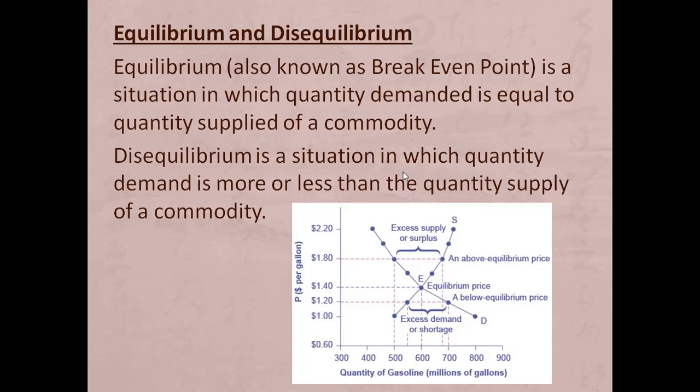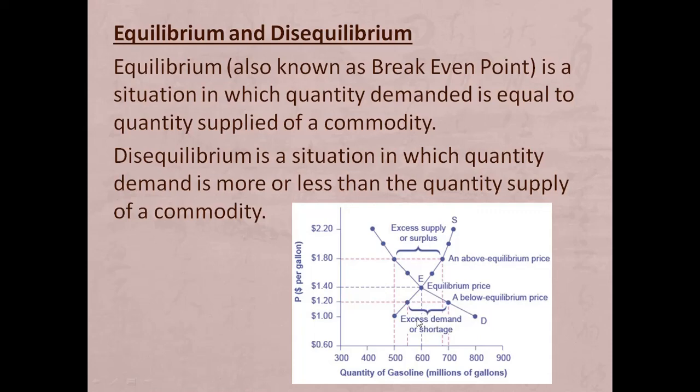Now, disequilibrium is a condition when there is excess supply or excess demand. So this condition is known as disequilibrium. There can be excess demand or deficient demand.